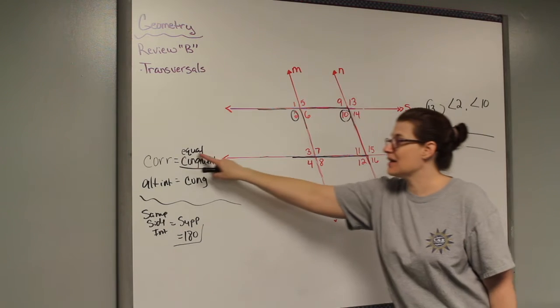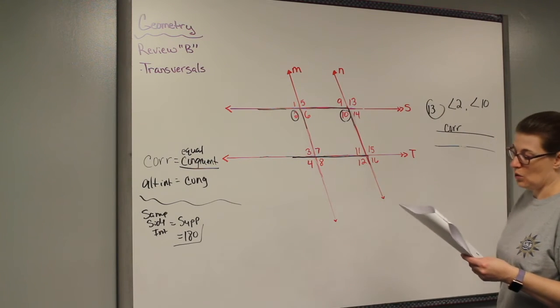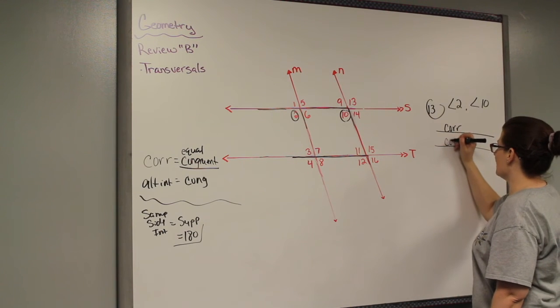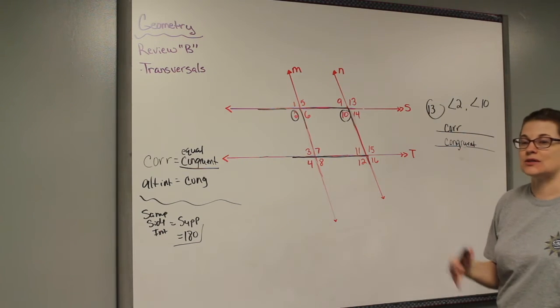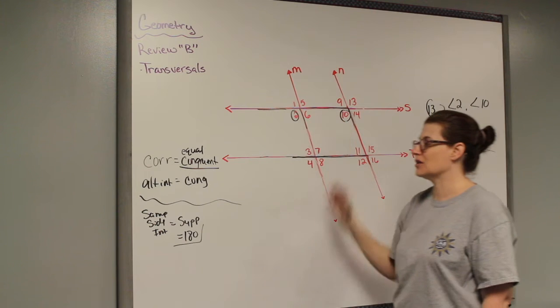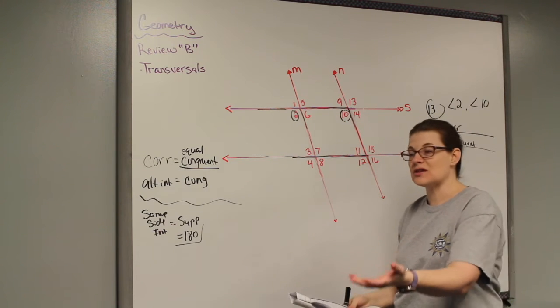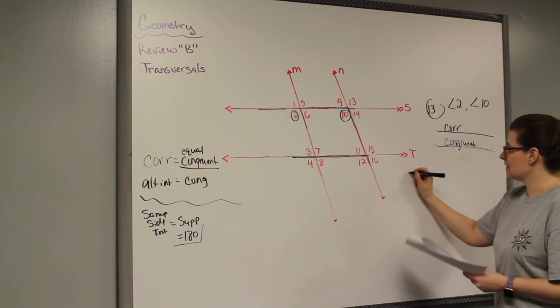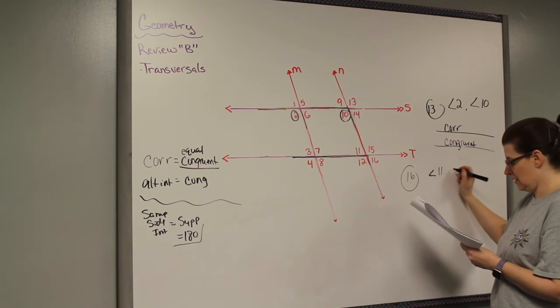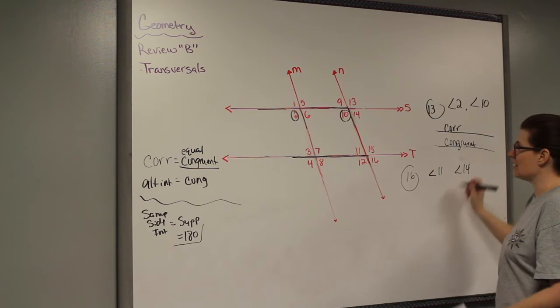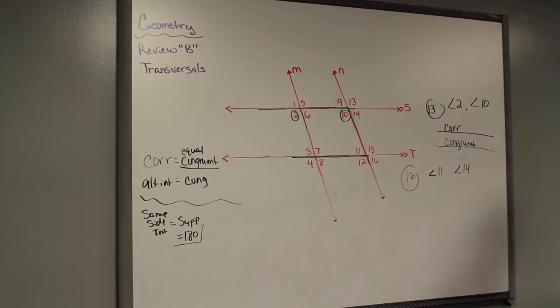If they're corresponding, that means they are equal or congruent, so then we would write congruent. And that's all they want on those, but you need to understand the correlation of the angles. So let's look at 16 together. On 16, it says angle 11 and angle 14. All right, let me use blue.